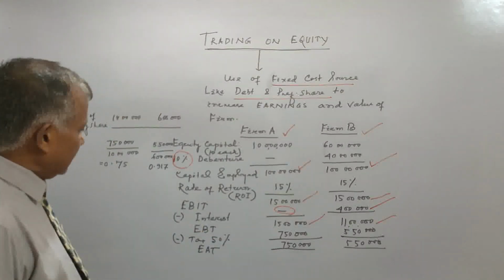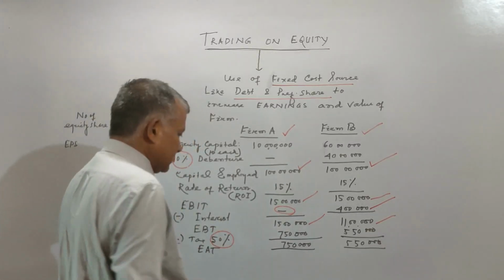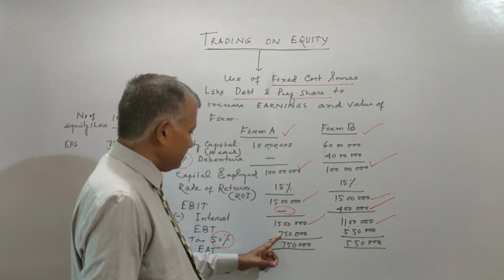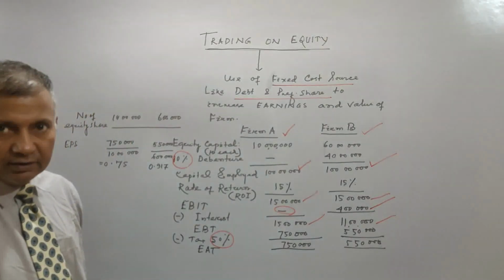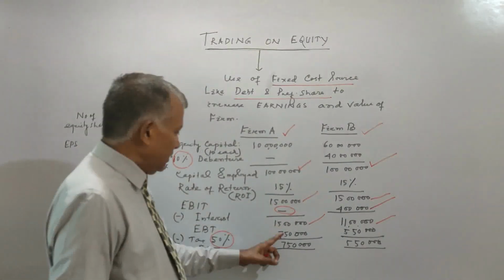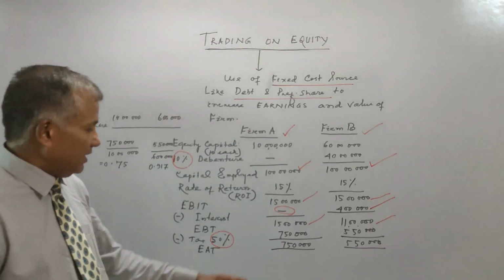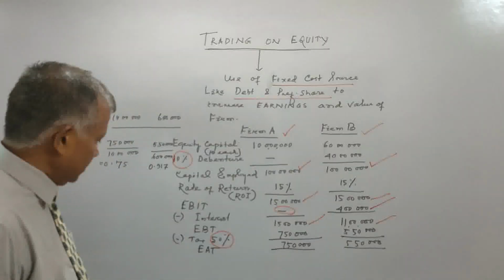Now let us assume that the tax rate is 50%. 15 lakh into 50% will give you tax of 7 lakh 50,000, here it is 5 lakh 50,000.